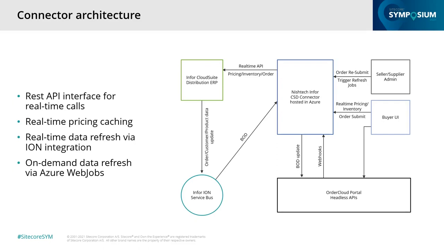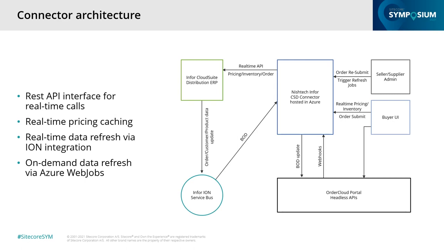If the pricing data for that product is already in cache, connector returns the price from the cache. Otherwise, it makes a real-time API call to the Infor CSD system, caches the price for that product, and returns the price to buyer UI.